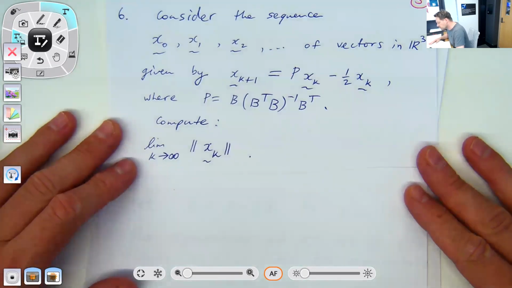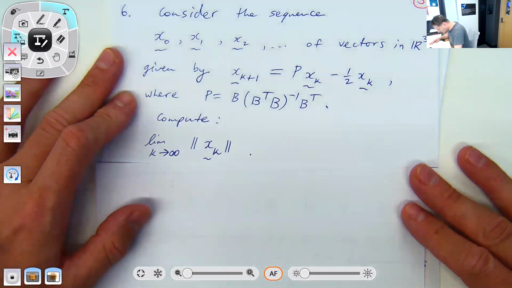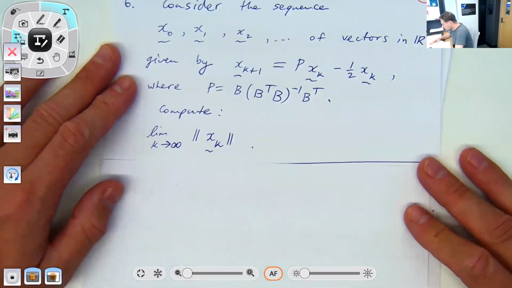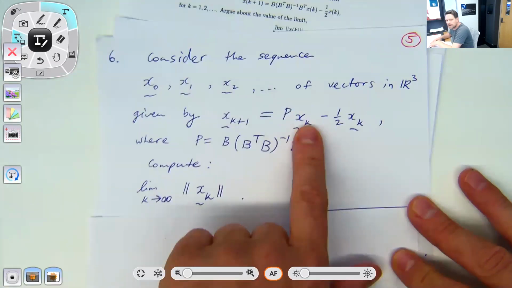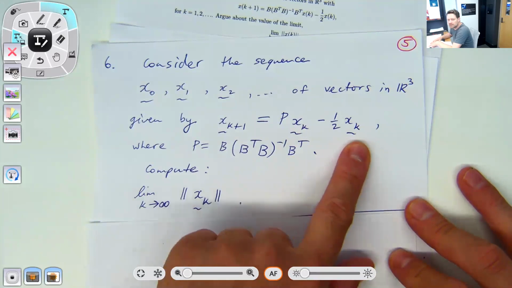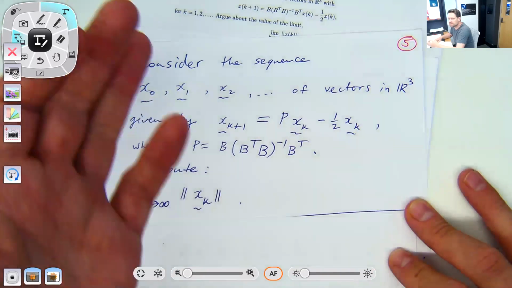Does this depend on the first one, and so on. Okay, so we need to make a few observations here. First, we've got an xk there and an xk there, so why don't we simply combine these so that we get a better looking recursive definition for the next term of the sequence.